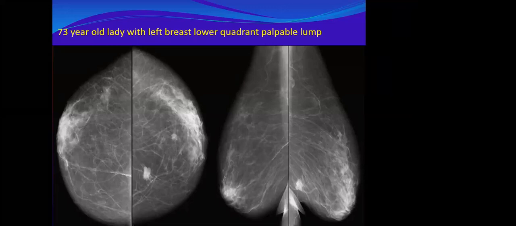There is another area of asymmetry. Excellent. Asymmetry or focal asymmetry? I can see it just in one view. I try to appreciate it in the MLO, but I see it in the CC view almost.